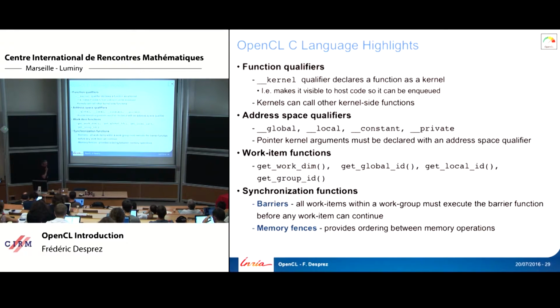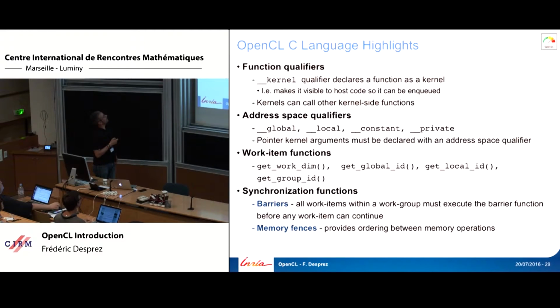If we take a look at the overall language highlights, you have function qualifiers. If you want to specify a kernel, you just have to put kernel in front of it. And so it makes this function visible to the host code, so it can be enqueued on the device. Kernels can also call other kernel-side functions.